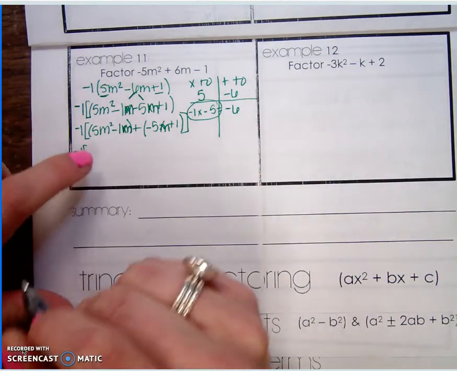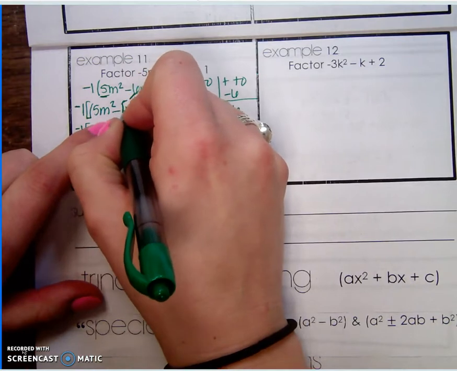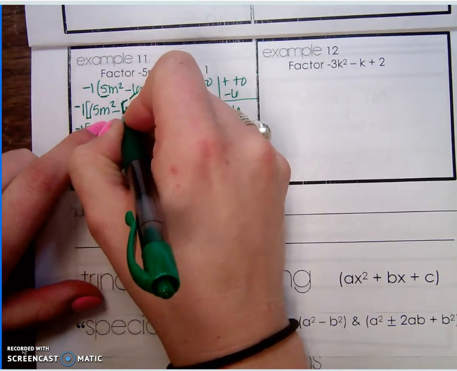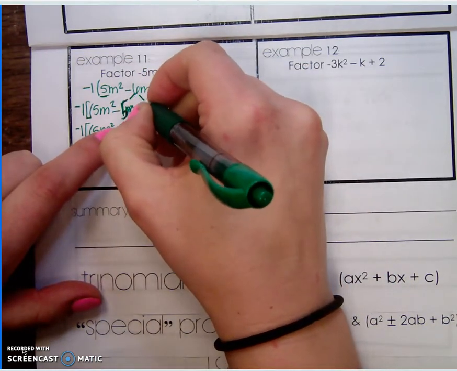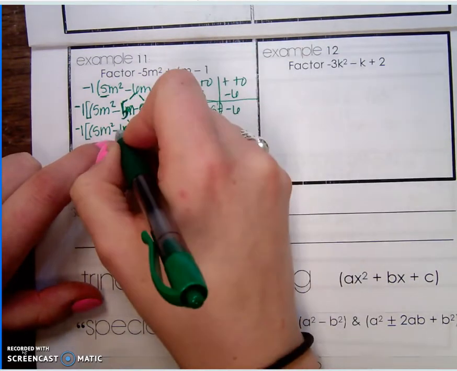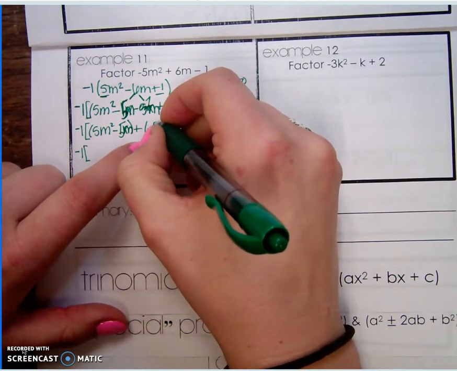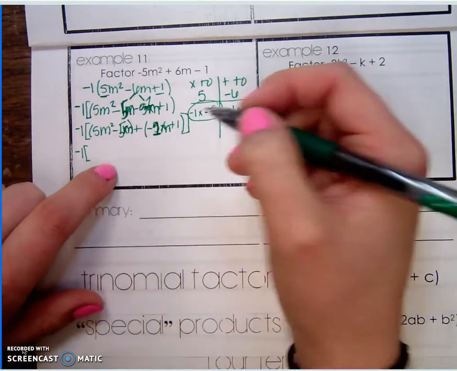Actually, what I'm going to do is make this term the negative 5 so I can pull out more for my GCF. And I'm going to make this term a 1. I apologize on that. So this should be a negative 5 and this should be a negative 1. Okay? I apologize about that.